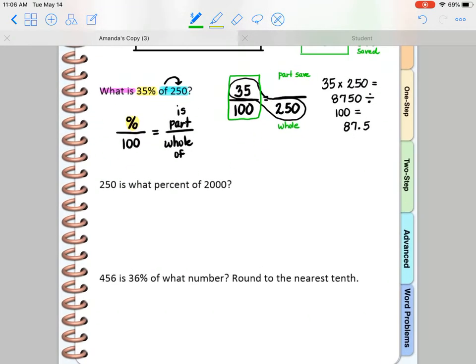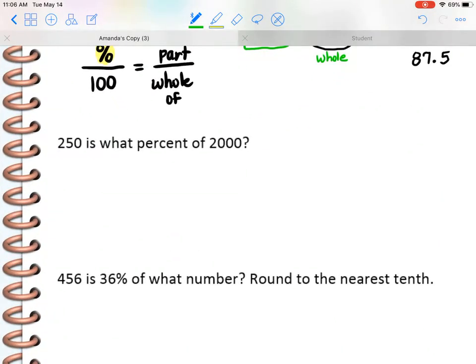Okay, let's go to the next one, and I'm going to keep telling you a story. Let's suppose that while I'm at Lowe's, I see a refrigerator. I actually need to buy a refrigerator right now. And the price tag on this refrigerator is $2,000. So I asked the sales lady, is there a discount on this one?